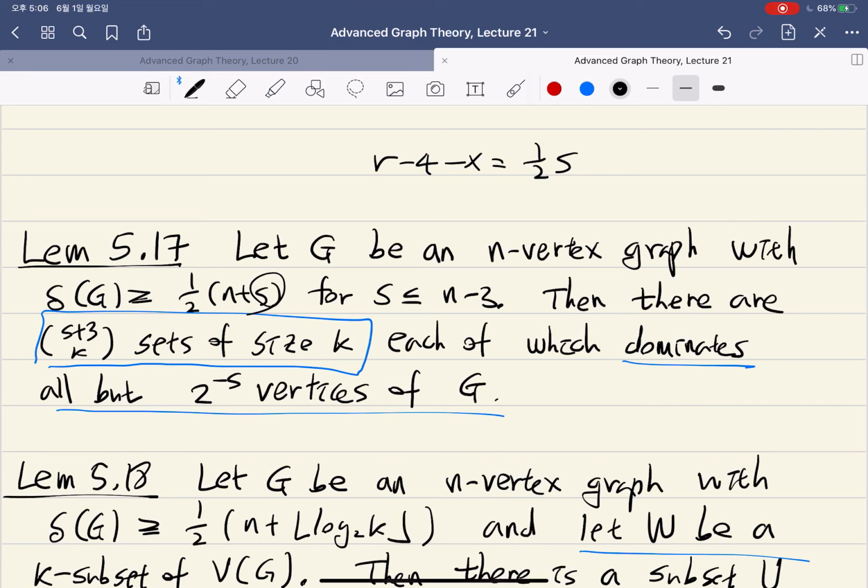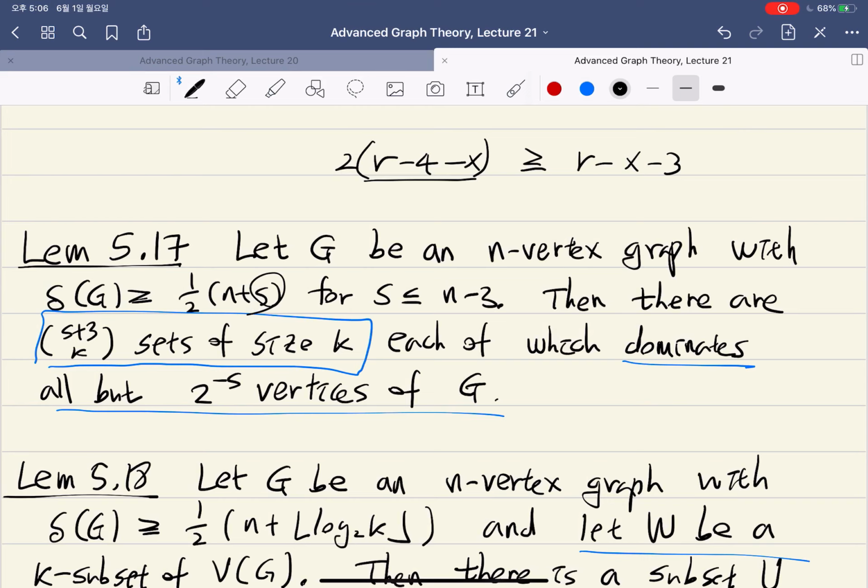Then we can conclude that this is actually bigger than r minus x minus 3.